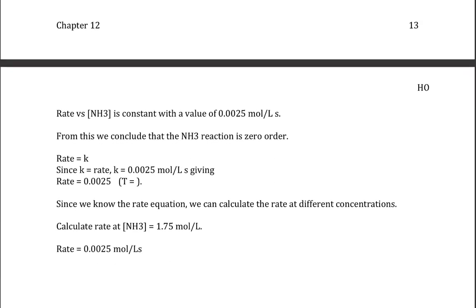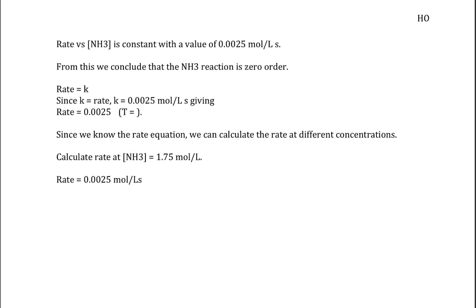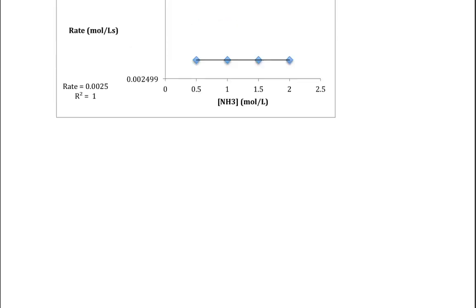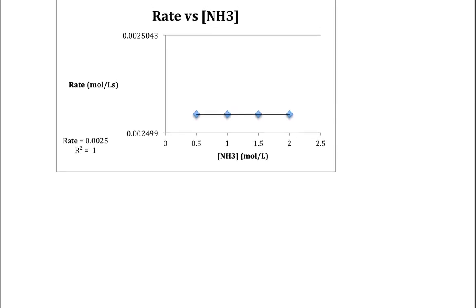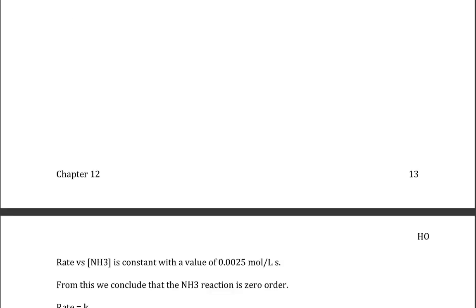So what we have is a zero order reaction. And rate is K, which is 0.0025. The units are moles per liter seconds because if we look at our graph here, it's just the value of Y, which is moles per liter seconds.